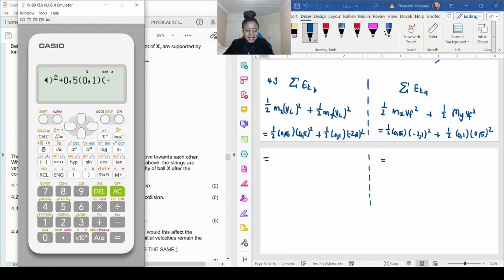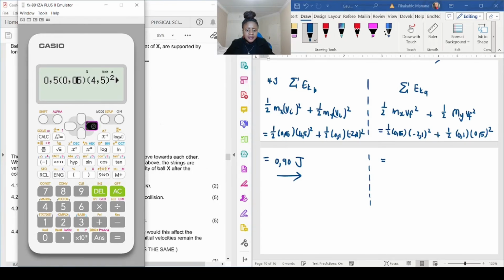This is me making sure that I am working within time. But yeah, that can backfire if you click 0.5 instead of 0.05, then the whole answer is wrong. So we have 0.898. That is 0.9 essentially, and kinetic energy, so that is joules.